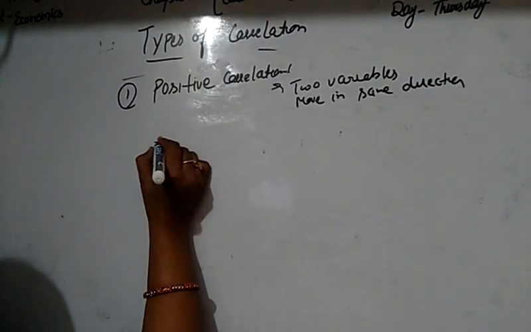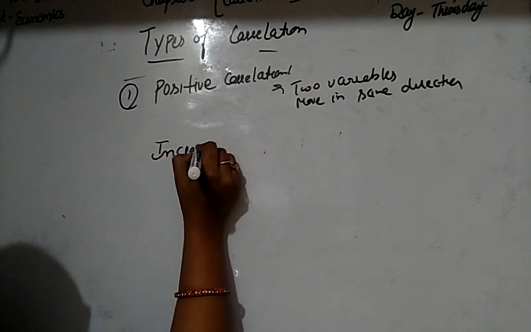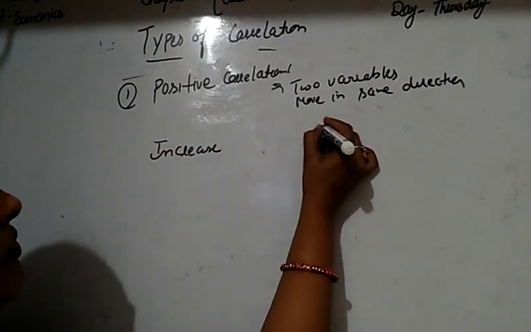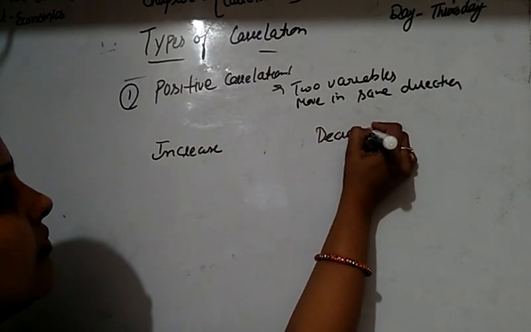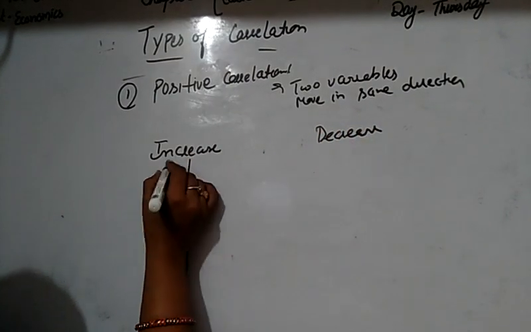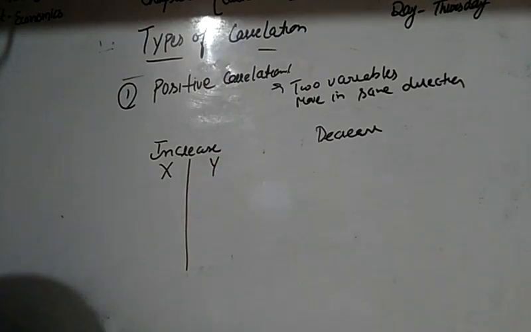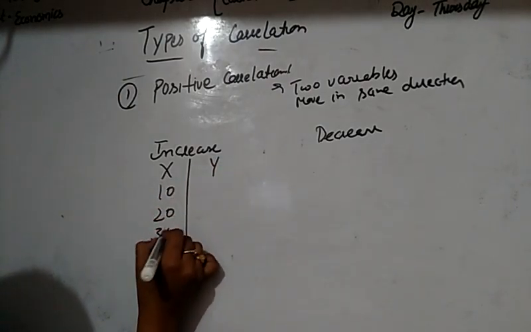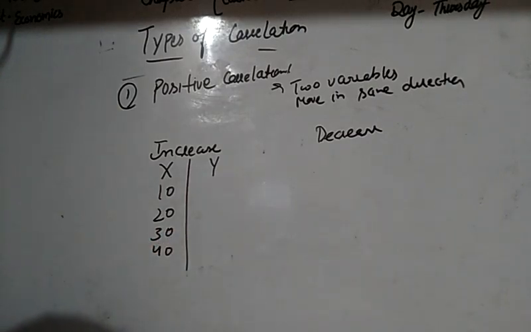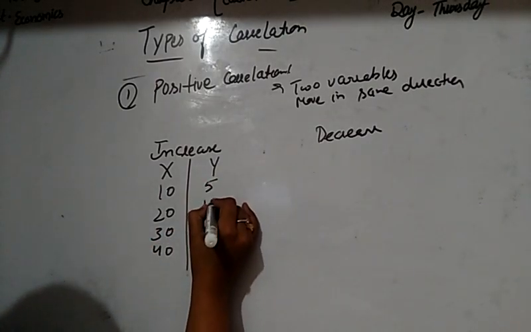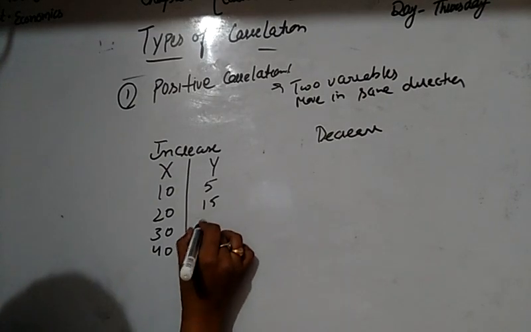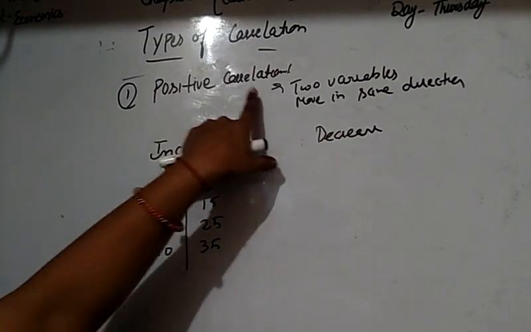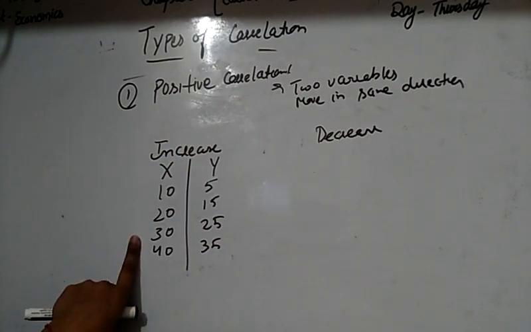Like if one variable increases, the second variable is also increased. If one variable is decreased, the second variable is also decreased. Like two variables are there, x and y. If x increases 10, 20, 30, 40, and y is also increased 5, 15, 25, and 35. So positive correlation is when two variables move in the same direction.